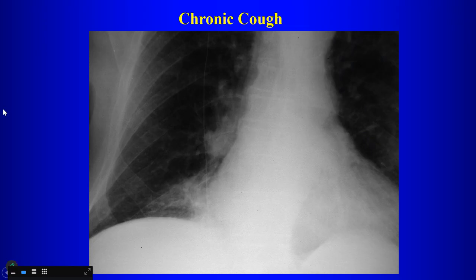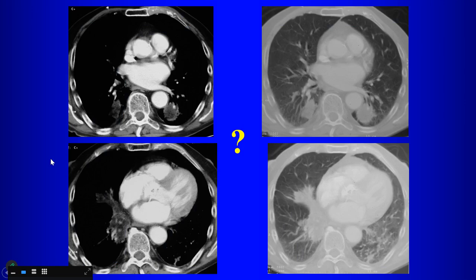All right, so this patient has chronic cough. Anything abnormal on a chest radiograph? Gave you a close-up. Parabronchial thickening, maybe some patchy opacity here at the lung base.